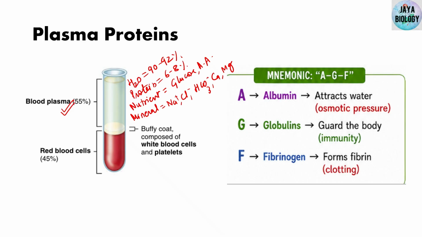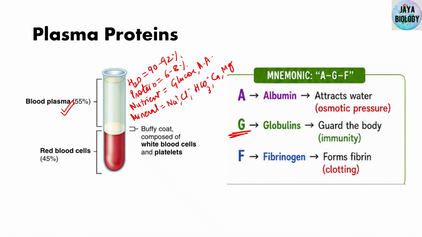But today our video will be focusing mainly on the plasma protein because they play a very important role in maintaining the normal functioning of our body. Plasma proteins are present in the dissolved form and mainly they are synthesized by the liver. But globulin is the one which is not synthesized by the liver.